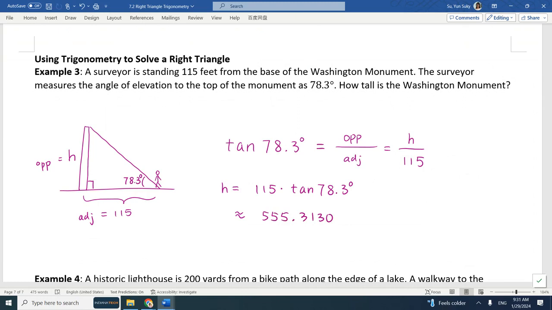And what's the unit? Feet, yes. Okay. This is how we solve the problem. Look at the story.